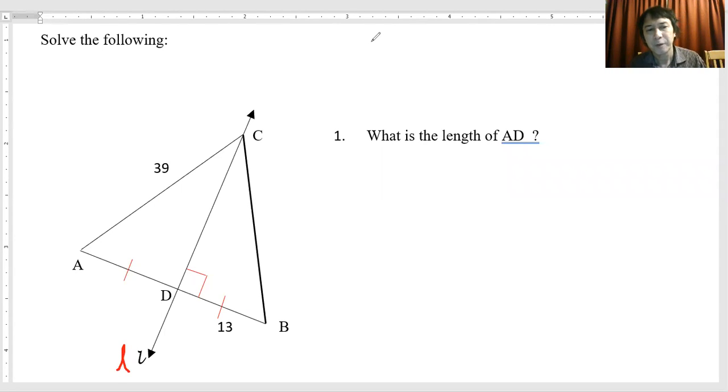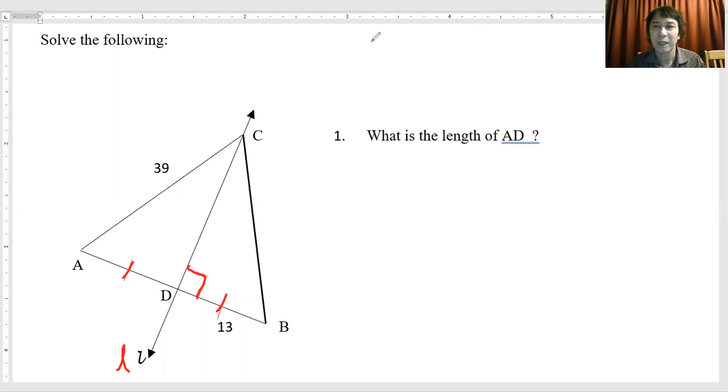This particular line, which can also be called line CD, divides the segment AB at right angles. It is divided into two parts equally because of these marks there. That means AD is equal to BD.